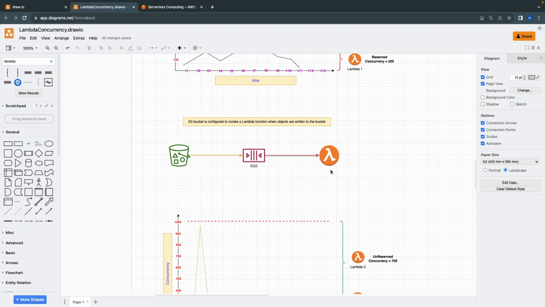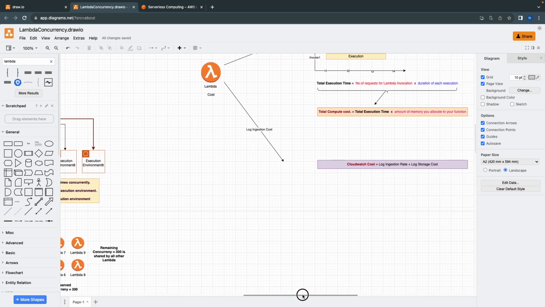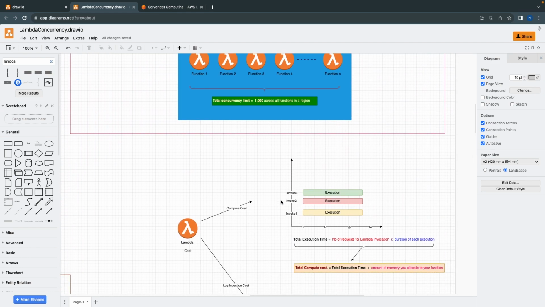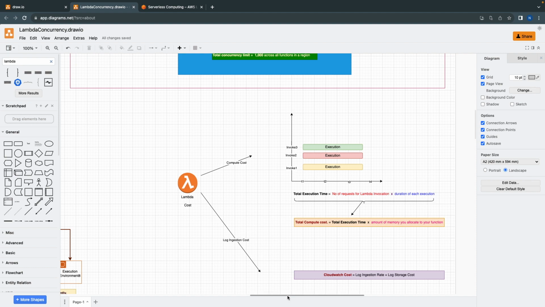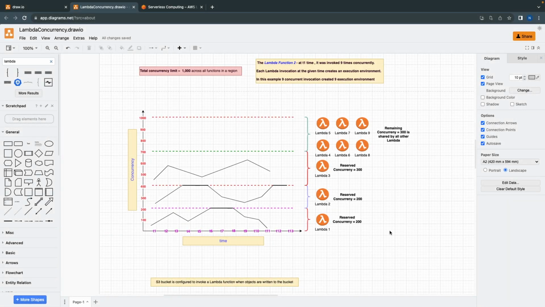So it tries to use the 1,000 concurrency limit, our account soft limit, and tries to scale, and tries to process those files, which would immediately start to accumulate the cost for the two angles we discussed here, the compute cost and the log ingestion cost. It starts to accumulate very quickly. So we want to avoid this, and we have to use the concurrency settings to limit this kind of spiking.